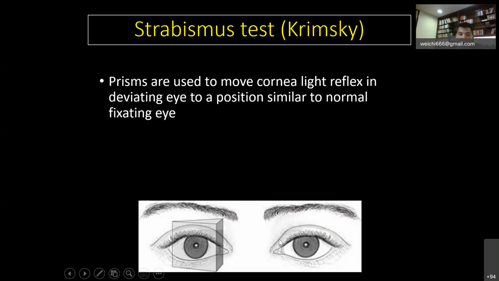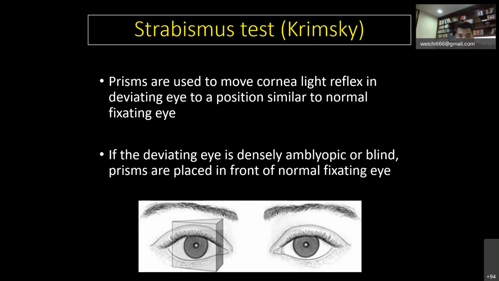Then you know how much angle of deviation this eye has, and the doctor could use this information to help decide how much surgery, how much muscle shortening, would be needed for the patient.